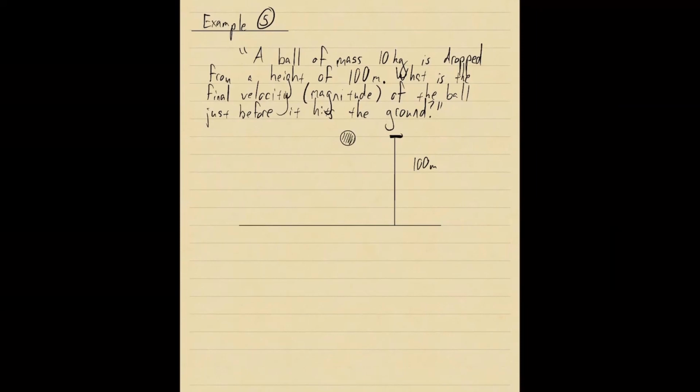Something else that I need to include, which I should have added in the problem but didn't, is the initial velocity of the ball. Let's say that it's 0 meters per second, so it's starting from rest. We want to figure out the velocity of the ball just as it's hitting the ground.